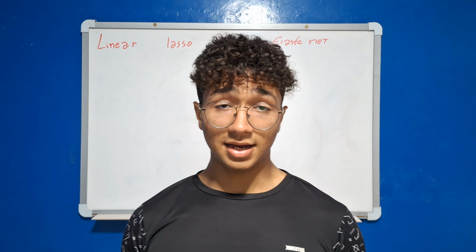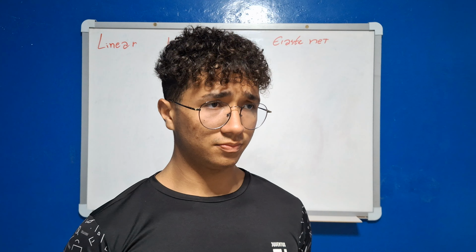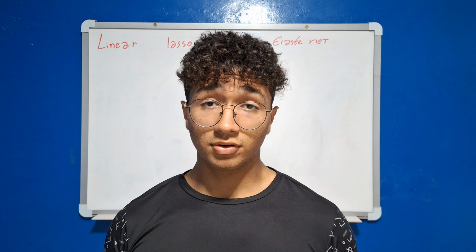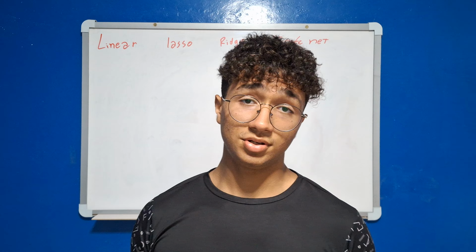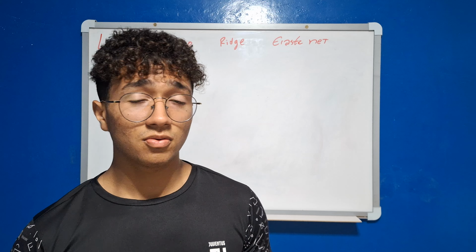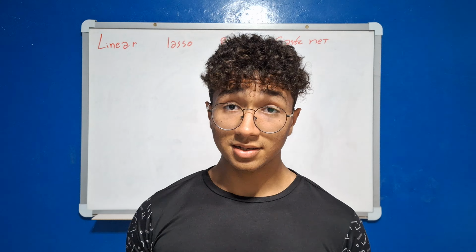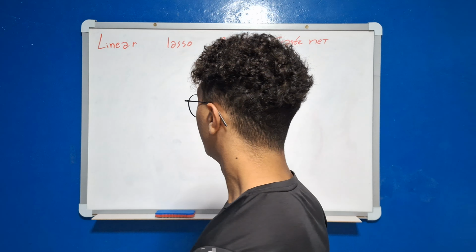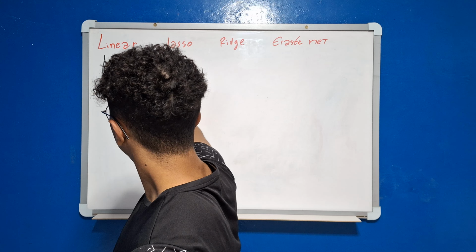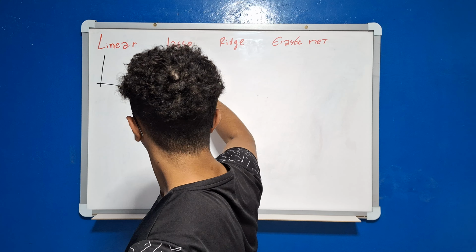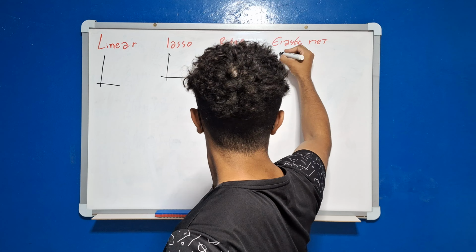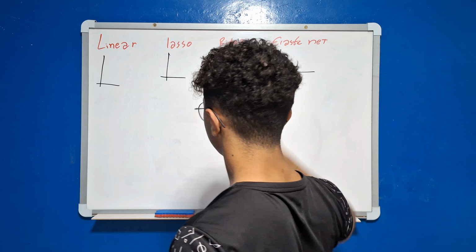The equation of the line is basically the angular coefficient plus the linear coefficient. There's no mystery here. This stuff was explained in high school. It's very simple stuff. We have graphs here: the graph of linear, the graph of lasso, the graph of ridge, and the graph of elastic net.